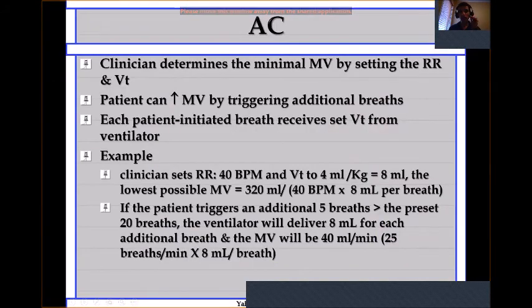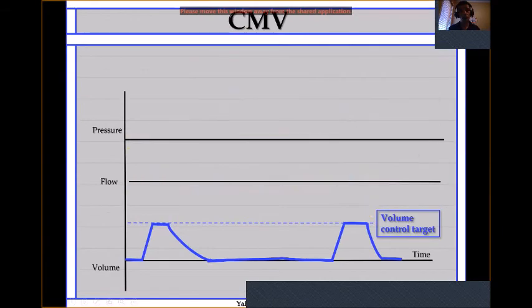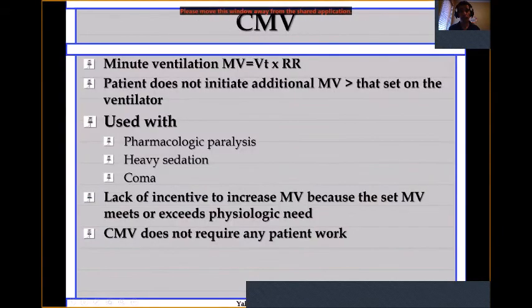Now we'll go to assisted control. In assisted control, the clinician determines the minimal minute ventilation, not the whole MV, as in controlled mandatory ventilation, where the clinician sets the whole and the patient does nothing.